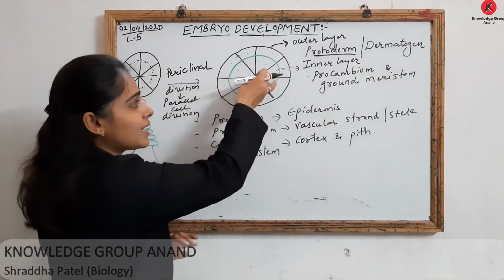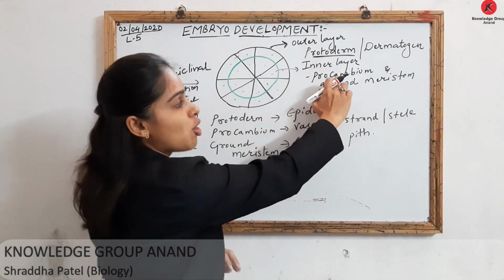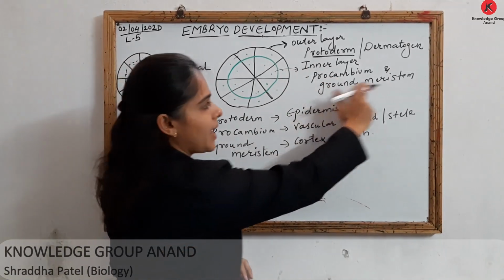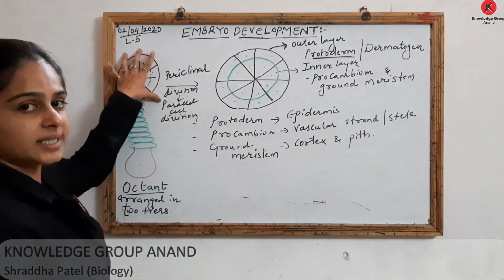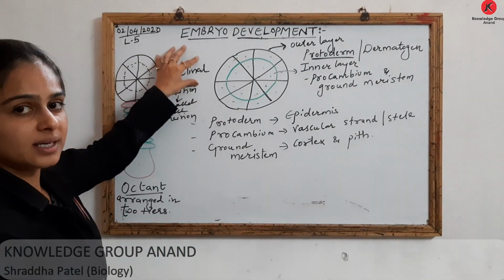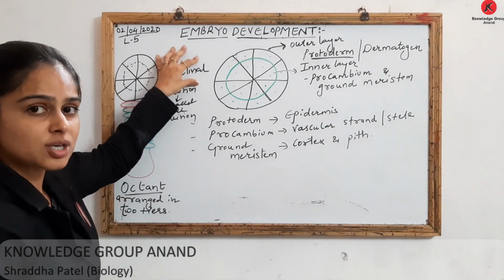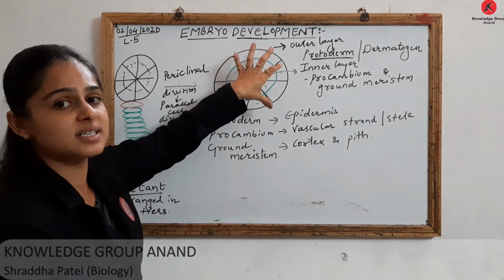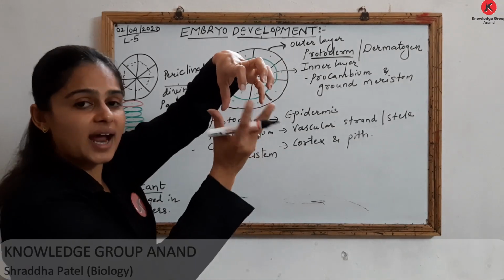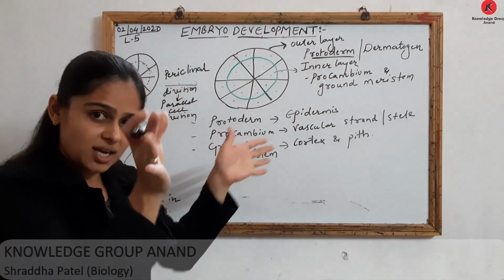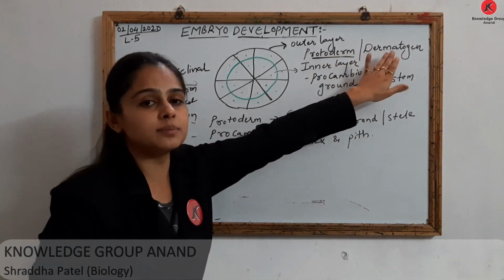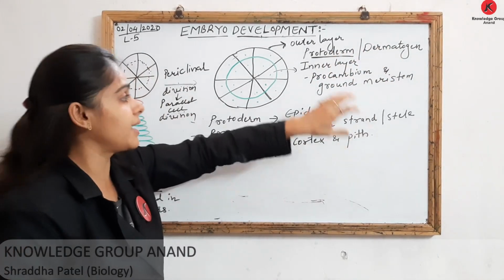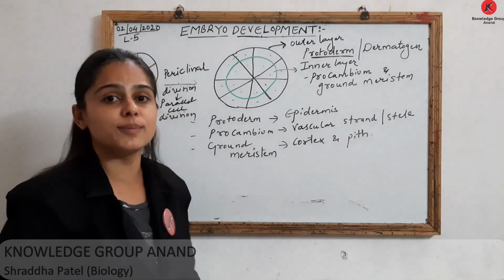And inner layer forms your procambium and ground meristem. ये 8 cells का हुआ पेरिक्लाइनल डिवीजन, पैरेलल डिवीजन, जिसकी वजह से आपको मिले 16 cell, upper octant and lower octant which are arranged in outer layer, protoderm, dermatogen, inner layer, procambium, ground meristem.